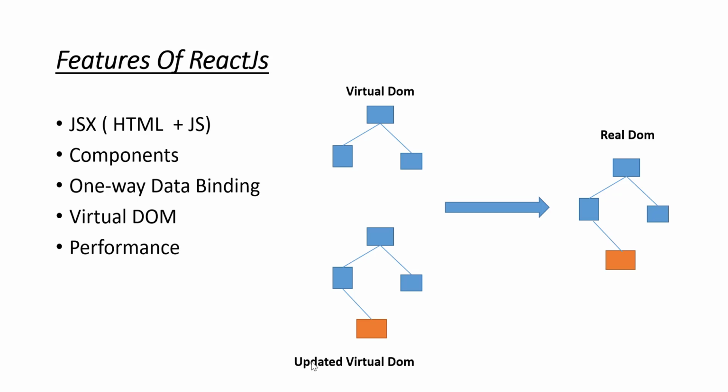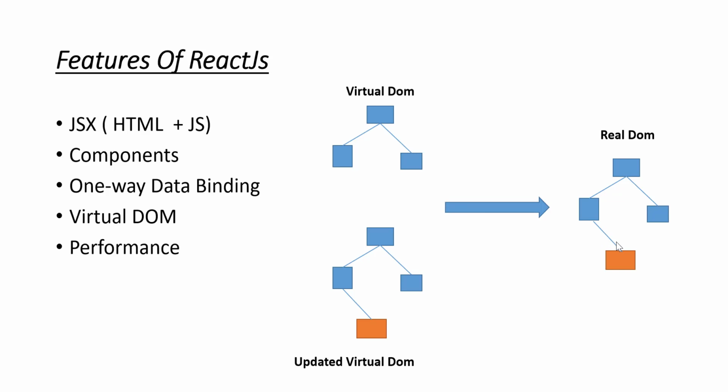React takes whatever updates we made to this virtual DOM, compares the previous virtual DOM with the updated virtual DOM, calculates the difference, and only those differences are updated to the real DOM.